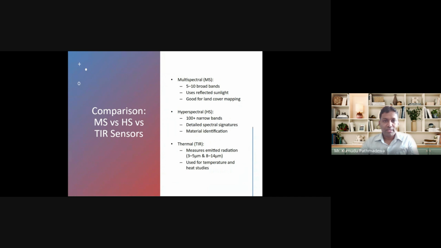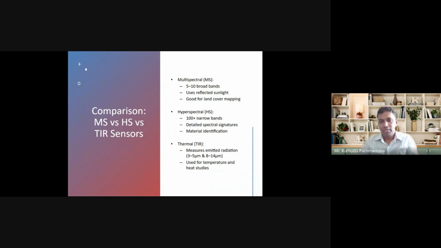So when we compare those three sensors, multispectral, hyperspectral, and thermal sensors, the final comparison is: multispectral has 5 to 10 broad bands and uses reflected sunlight. It is ideal for land cover classification.